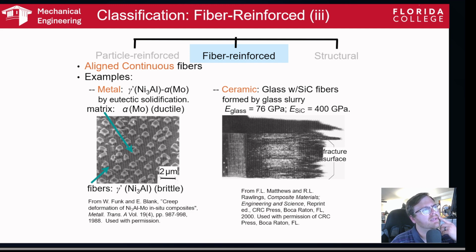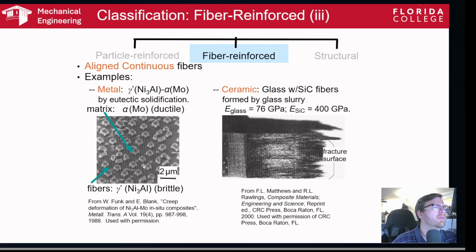So this is like a gamma nickel and aluminum compound mixed with an alpha phase of molybdenum. We can actually grow these crystals of nickel and aluminum in a single direction, and from that growth, we can have the alpha phase of molybdenum forming around it.